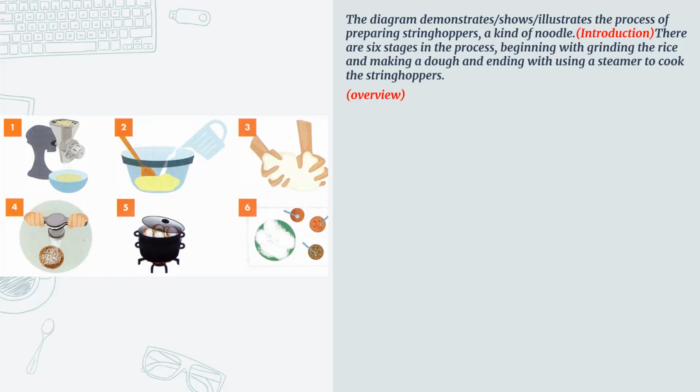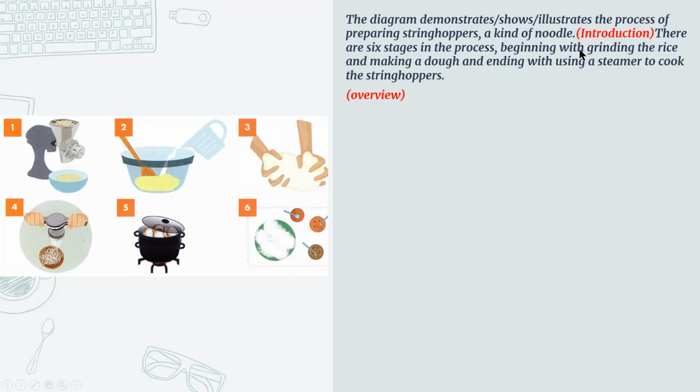Okay, so you just maybe summarize the first 3 steps in just part of a sentence. Okay, and ending with using a steamer to cook the string hoppers. Okay, because this ends the actual process. The final one is serving the meal or the dish.